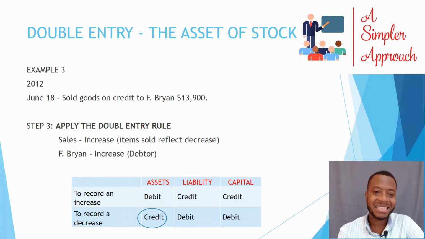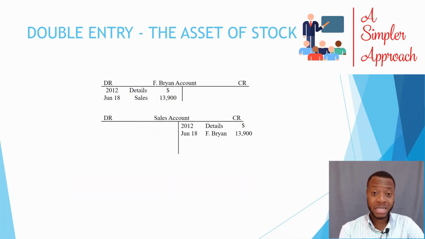Debtors are assets. This asset is increasing. When an asset increases, we debit. When we open the accounts for these 2, it will look like this. Now you see that F. Bryan's account was debited. And remember, when we debit an account, it means that we place the information on the left-hand side using the corresponding item as the detail.